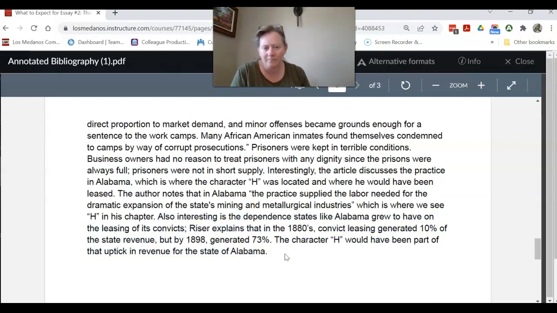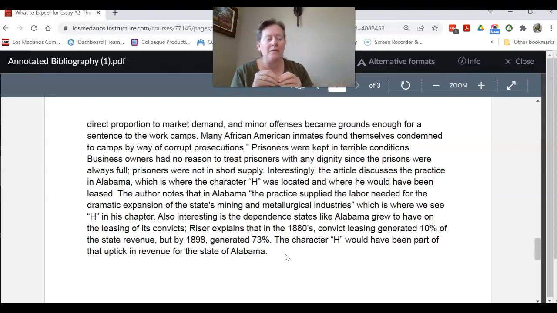Now, that's basically what the annotation looks like, right? Now, if I were going to do a second one, I wouldn't look for convict leasing again because I know a little bit of that background now. But maybe I'm curious about what the work was like in the mines because H was in the mines.